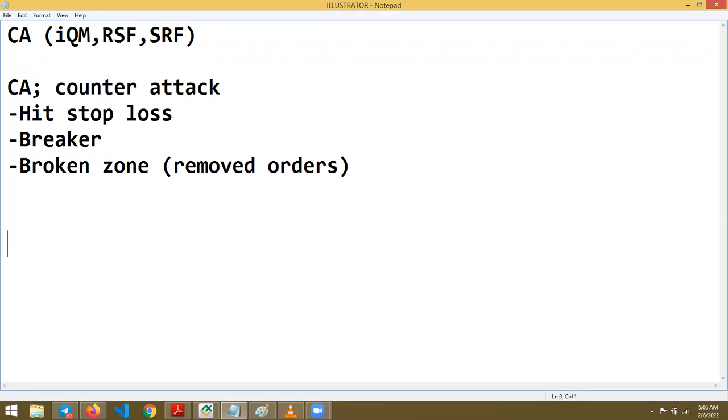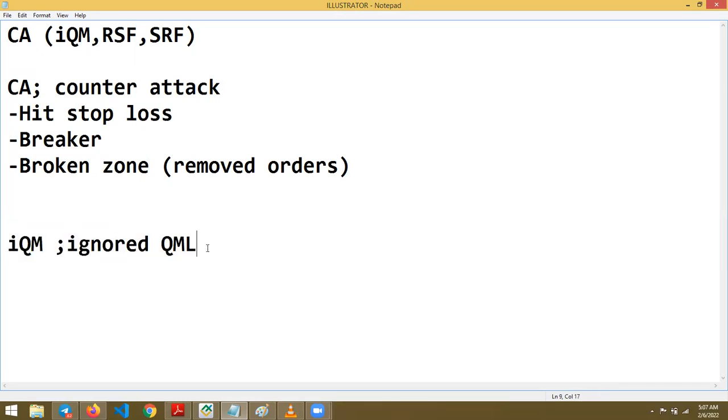The IQM. So now the IQM is what we call the ignored QML, right? So you can have a perfect QML setup, but for whatever reason the setup fails. That is what we call the IQM.